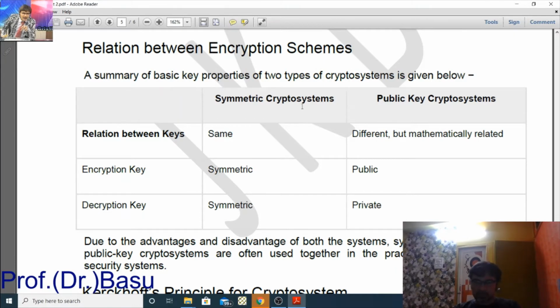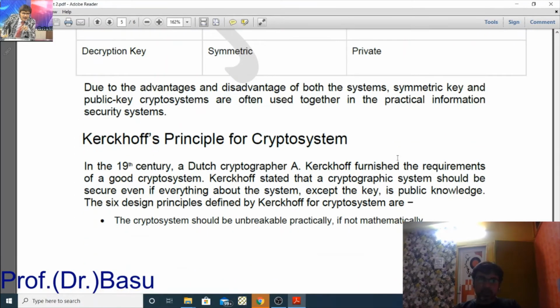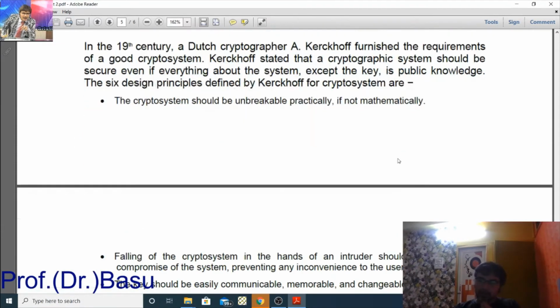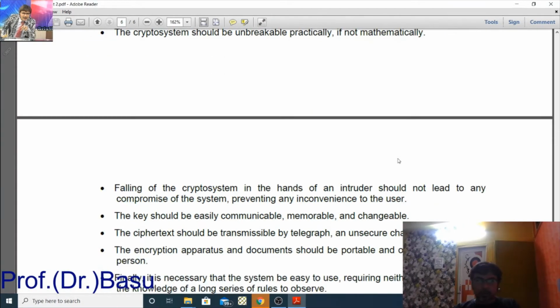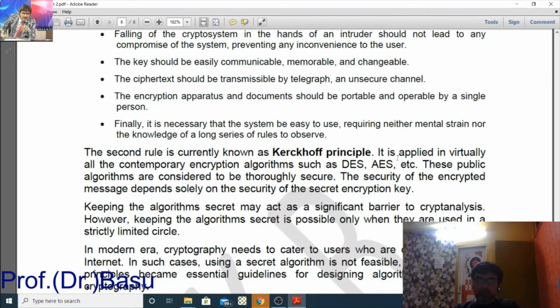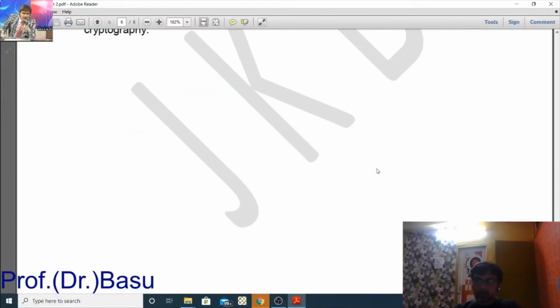For the symmetric key system, the same key is used for encryption and decryption, and public key cryptography means different keys are used, that is public and private, what we have just discussed. Kirchhoff's principle for cryptosystem, you will just go through the notes. The DES and AES we will discuss later on.